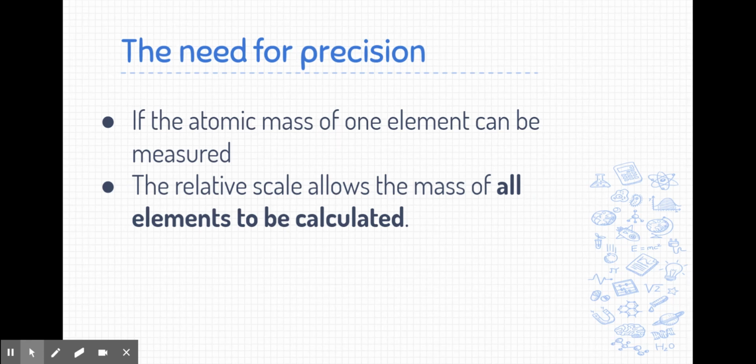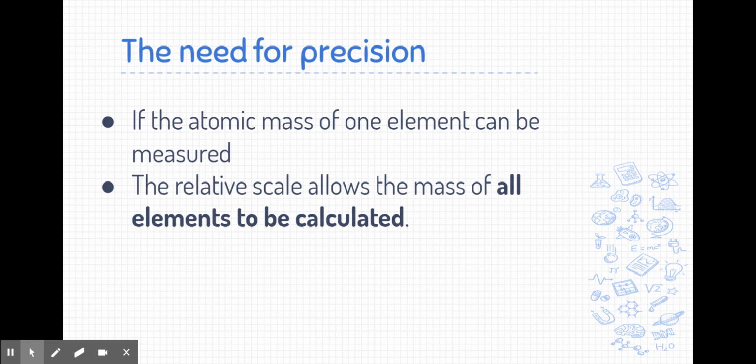So determining the mass of a very small particle, an atom, was the first challenge. Now, we are not going to get into detail about how chemists solved that problem. There's a series of really ingenious experiments over the course of many years, which arrived at a very precise mass of several different elements.